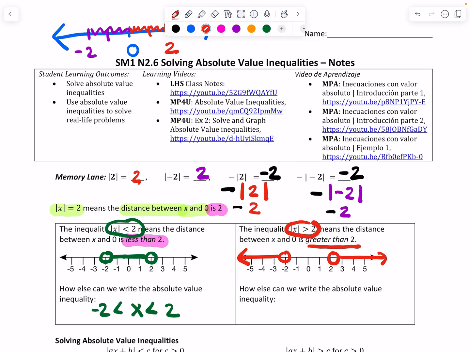That's more than 2. The absolute value of negative 3 is 3. That's more than 2. So to write the inequality, we would say x could be any x value less than negative 2. That's going to have an absolute value greater than 2. Or x could be any value greater than positive 2. All of those x values, the absolute value of it would be greater than 2.